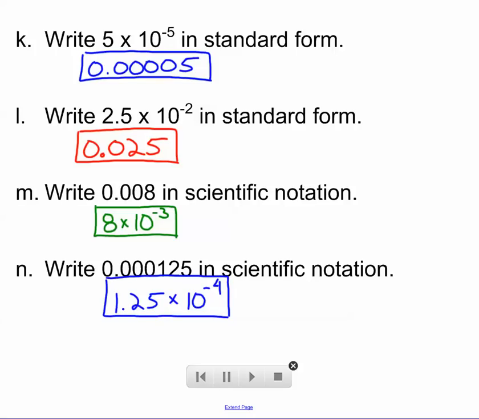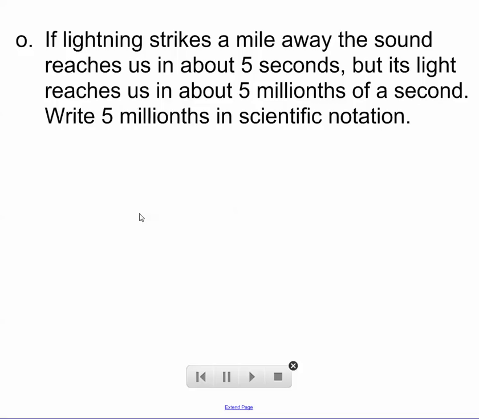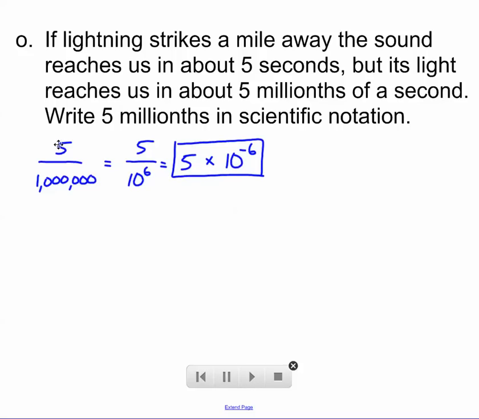Negative exponents are used to represent very small numbers. If lightning strikes a mile away, the sound reaches us in about 5 seconds. But its light reaches us in about 5 millionths of a second. Right? 5 millionths in scientific notation. 5 millionths as a decimal. There it is as a fraction. There's 5 millionths.